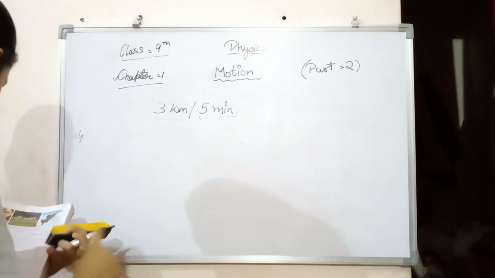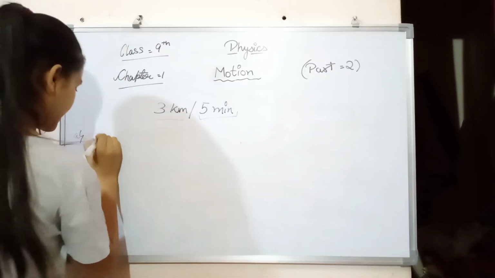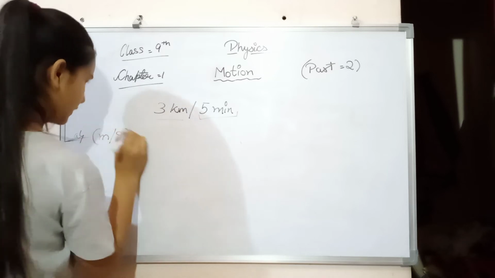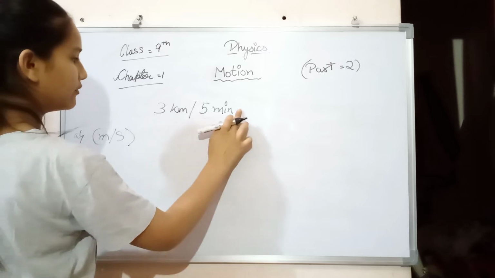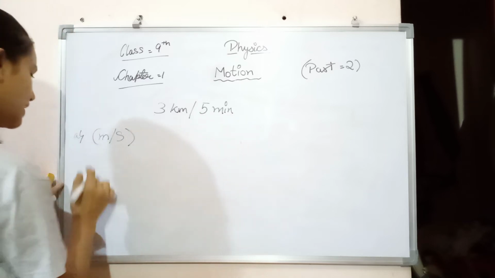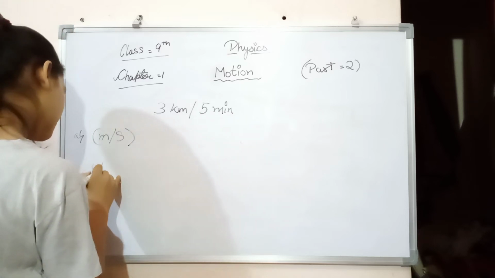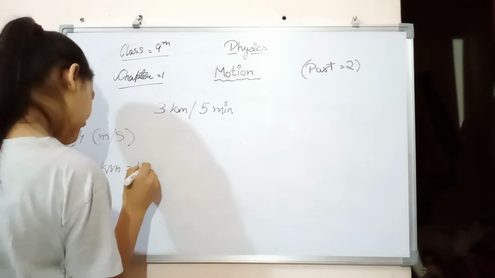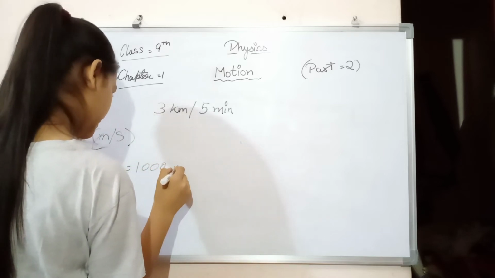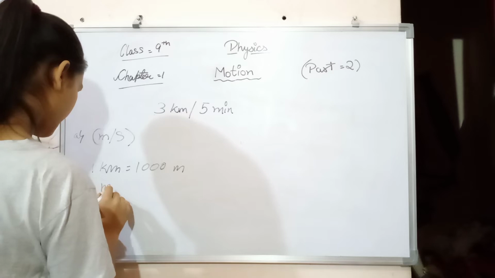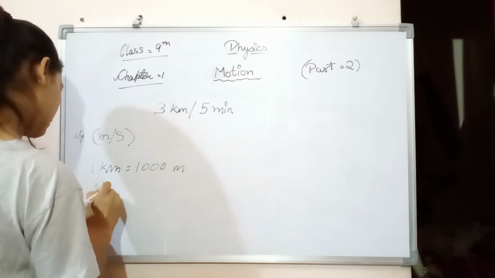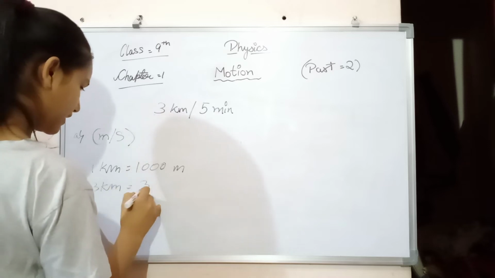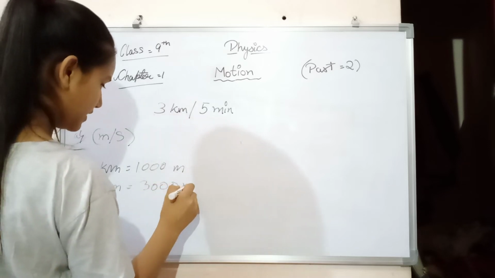Now the second part is meter per second. We will convert 3 kilometers in meters and 5 minutes in seconds. 1 kilometer has 1000 meters, so 3 kilometers will have 3000 meters.